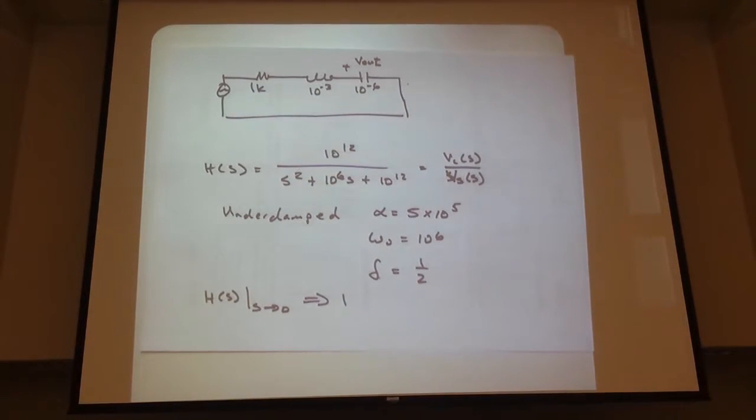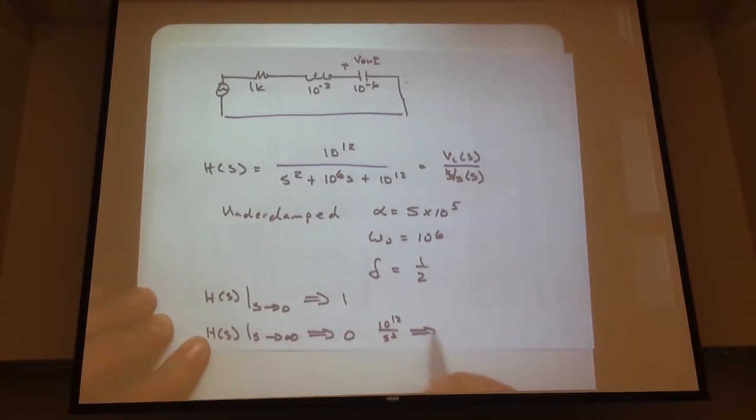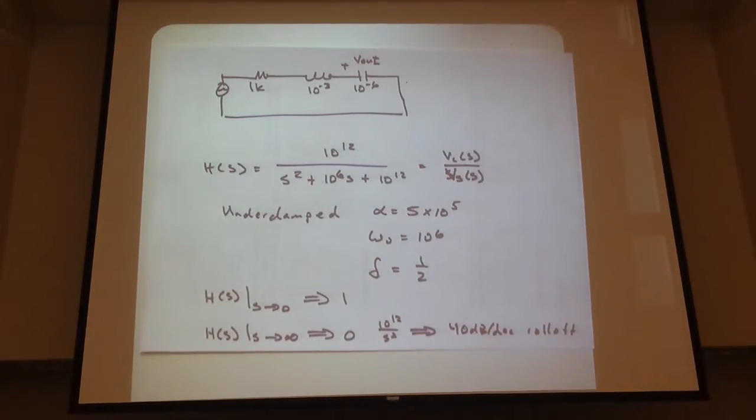So there's our limit. In the other limit, again, nothing's changed here. H of s as s goes to infinity goes to 0, or more specifically, we can write it as 10 to the 12 over s squared, which is 40 dB per decade roll-off. Right? 1 over s squared is 40 dB per decade roll-off.